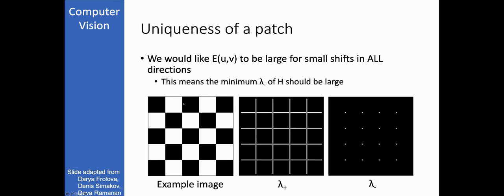Now, at each point, I compute the structure tensor using the formula that I've shown before. And then I look at the eigenvalues of the structure tensor. I look at the largest eigenvalues, which, as you can see, is large in all the edges and the corners. And I look at the smallest eigenvalue, which, notice something interesting, is only large at exactly the corners.